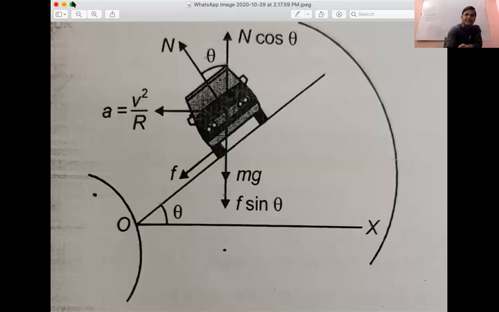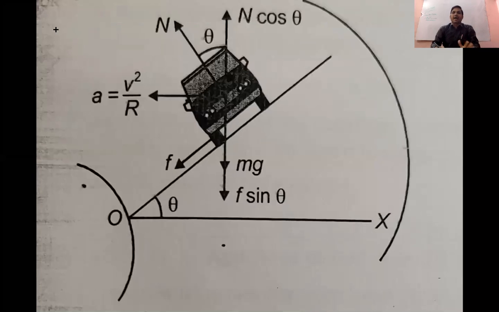And the topic is motion of car on a banked road. So you can see from the figure.